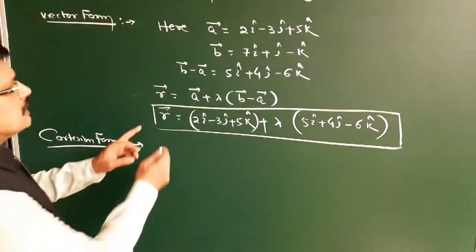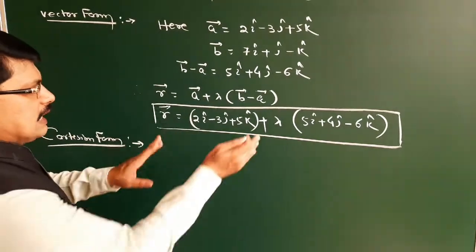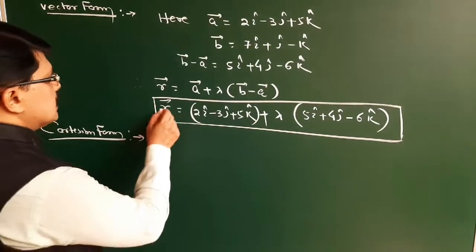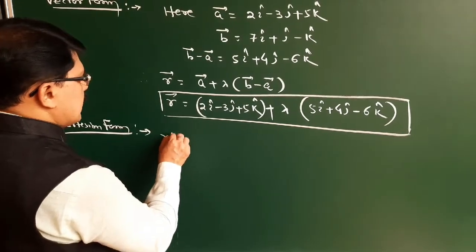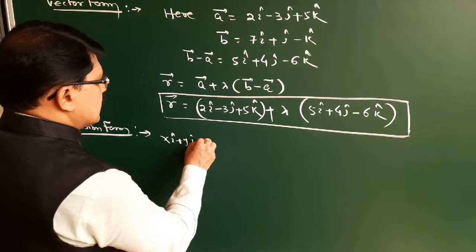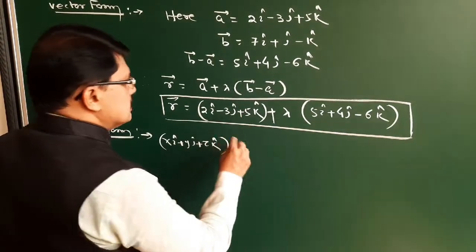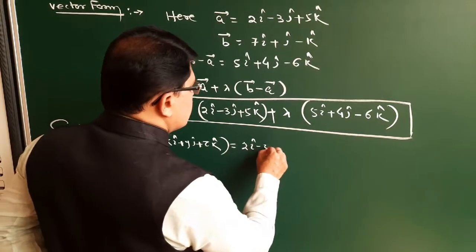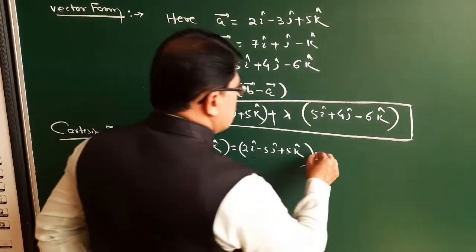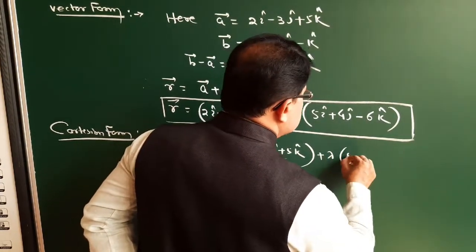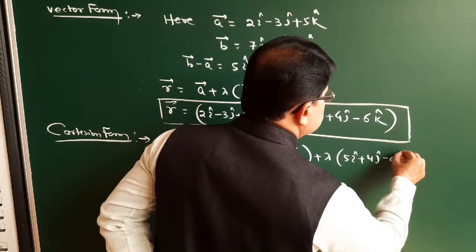For the Cartesian form, you just put xi plus yj plus zk instead of r and simplify. Instead of r, you put x into i cap plus y into j cap plus z into k cap. This equals 2i minus 3j plus 5k plus lambda into (5i plus 4j minus 6k).